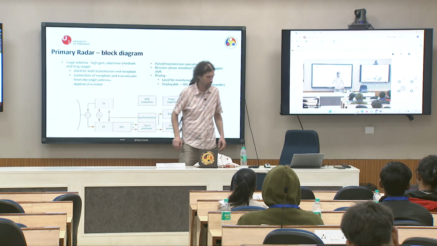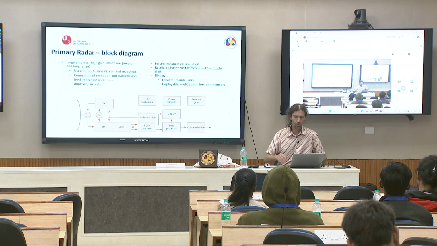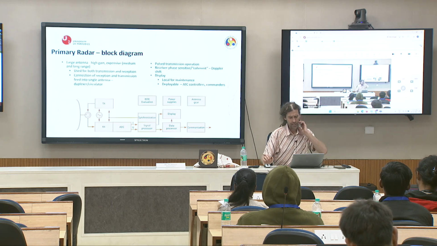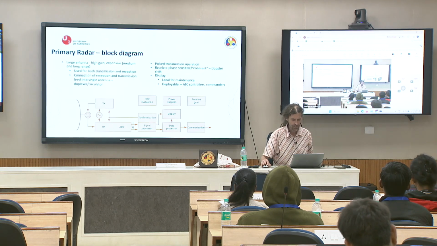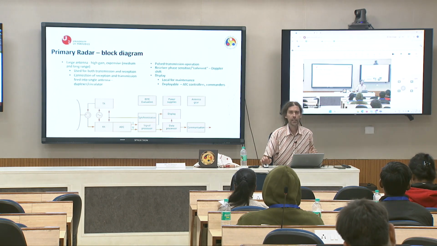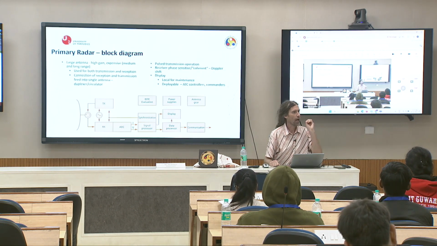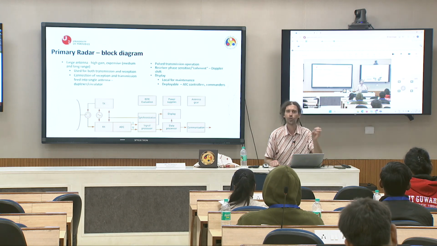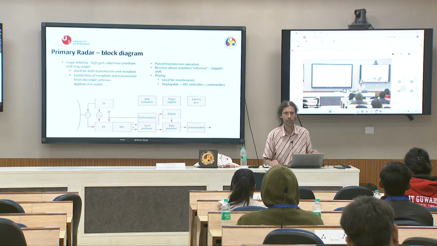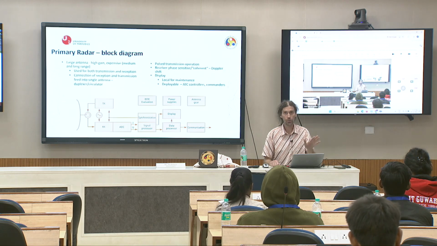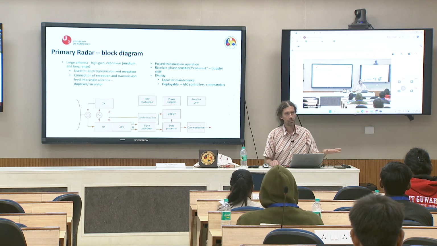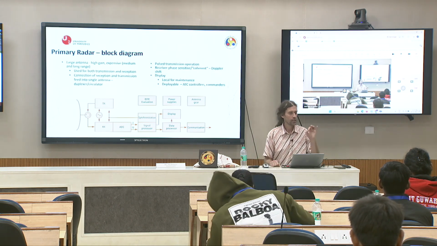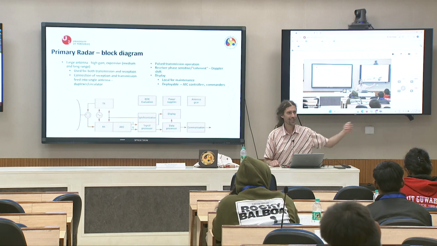Then we go to the ADC. Usually, of course, on the receiver side, the first thing we need to do is amplify my signal, because it is so low that I cannot recognize anything in this type of signal. So I need a really good analog amplifier with a really low noise figure, because I want the lowest influence on my received signal.